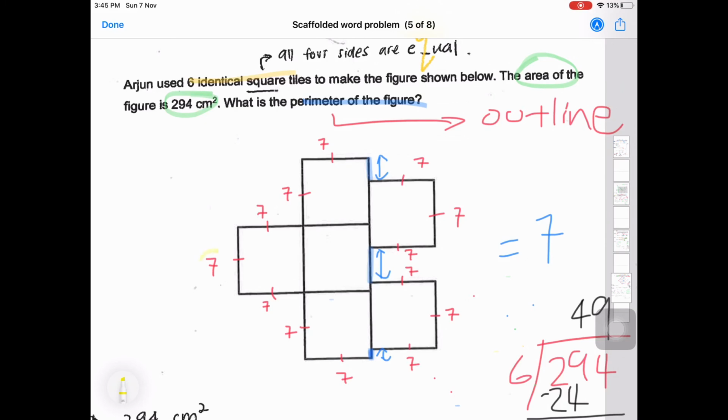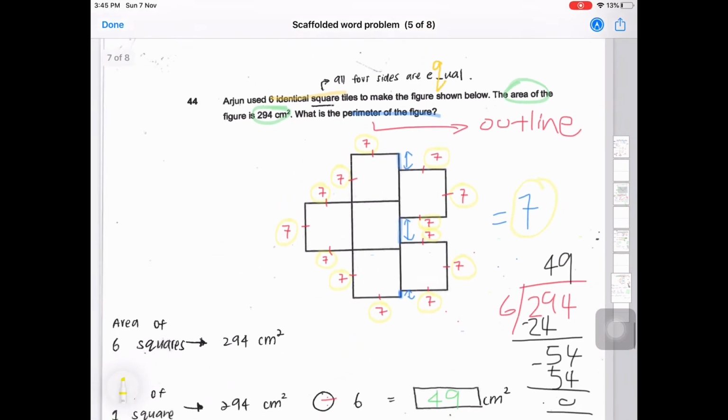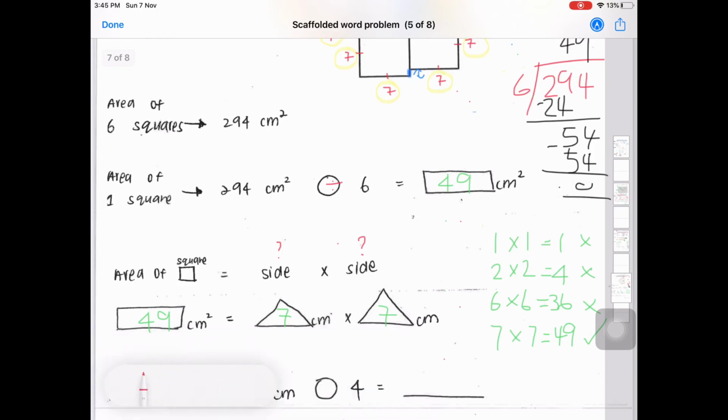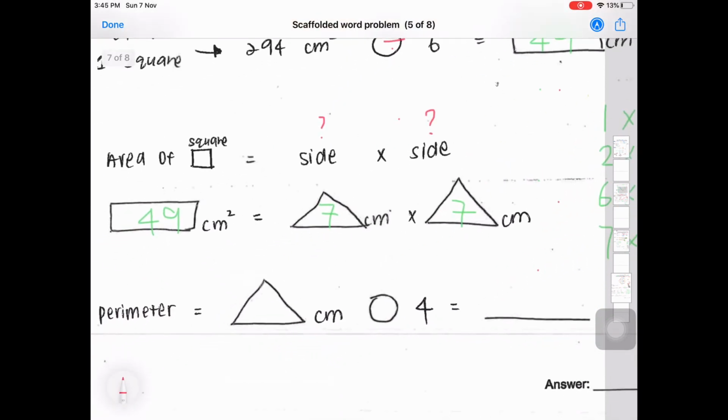Let's go. 1 group of 7, 2 groups of 7, 3 groups of 7, 4 groups of 7, 5 groups of 7, 6 groups of 7, 7 groups of 7, 8 groups of 7, 9 groups of 7, 10 groups of 7, 11 groups of 7, 12 groups of 7, 13 groups of 7, and finally, not forgetting about the combined length of the 3 blue lines, that is 14 groups of 7. 14 groups, okay?